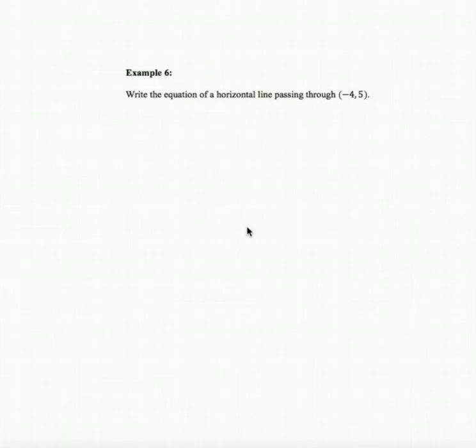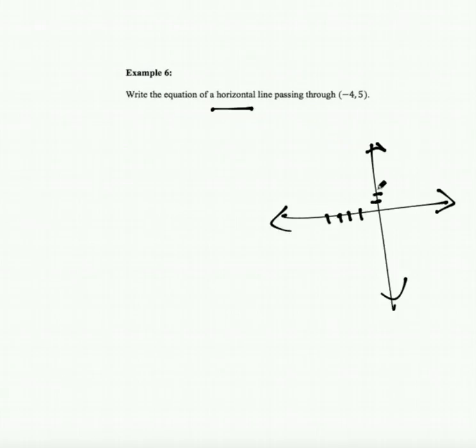You're going to see that example 6 looks very similar to example 5, but this time it's asking us to write the equation of a horizontal line passing through that point -4, 5. So again, let's look at what that's going to look like. 1, 2, 3, 4, and 1, 2, 3, 4, 5. So here's my point, -4, 5.